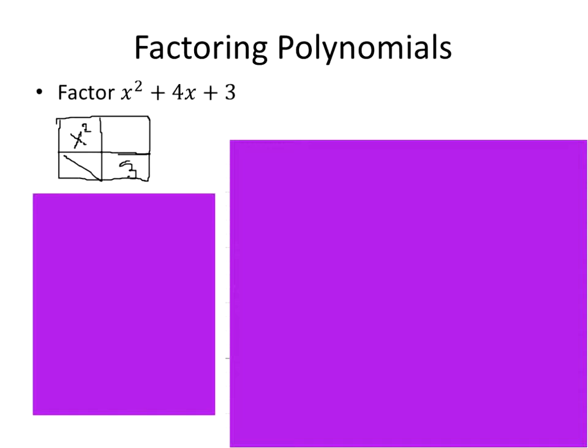And then we have to figure out how to split the 4 between the other 2 boxes, right? How do we split that up? How do we group it with the x squared or the 3? Yeah, remember we used the diamond problem, the x problem, to help us with figuring out how to group it, didn't we?